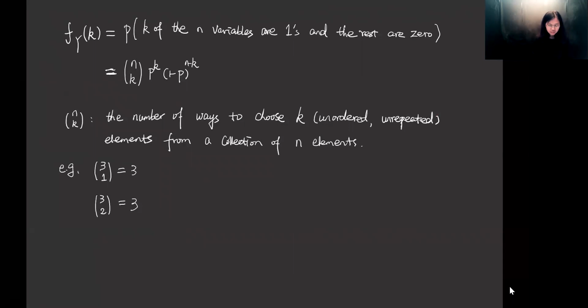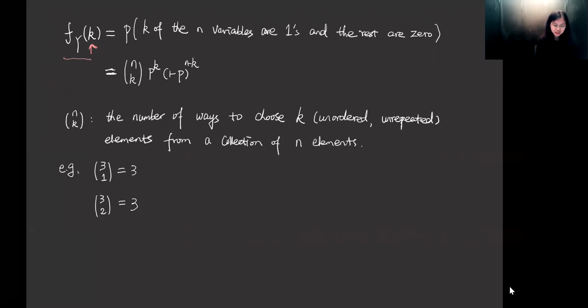First, I'm going to claim that the binomial distribution has the following probability mass function. That's the notation for the probability mass function. And because the binomial random variable is the number of successes in n trials, it can only take integer values from 0 to n. Let's figure out the probability mass function at the point k, for Y equals k.